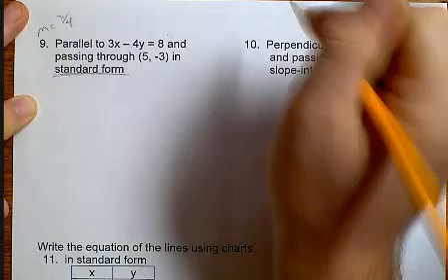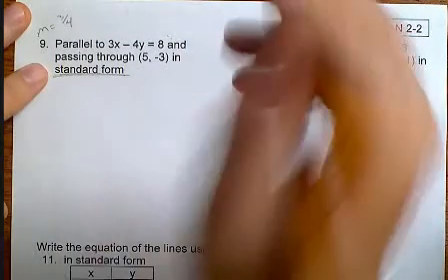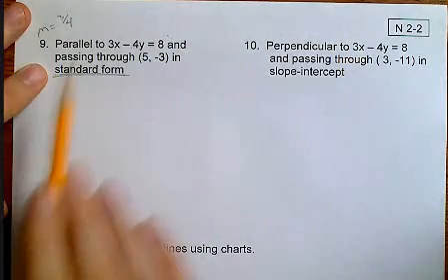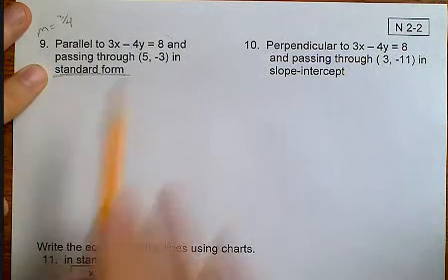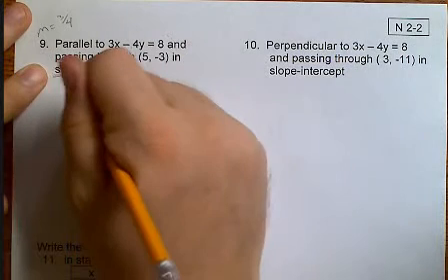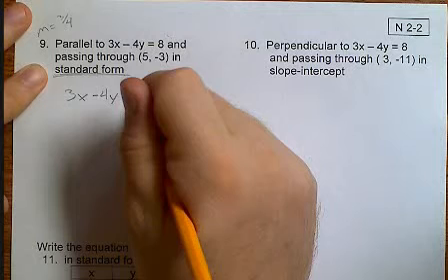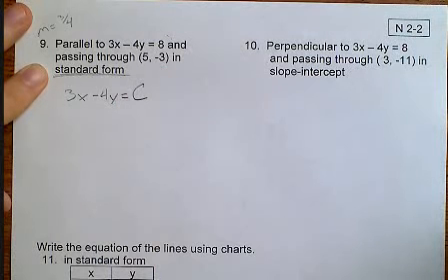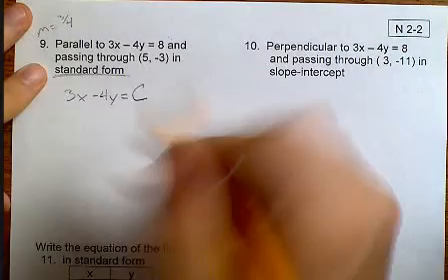Okay? Now, here's the shortcut. I know that it's parallel, which is going to have the same slope. So that means that the only thing that's going to change in this is my C value. And to figure out what this C value is, I'm just going to plug in some points.